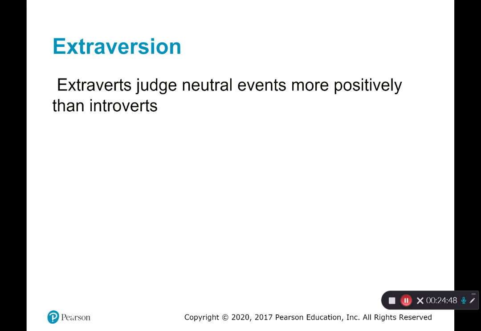And we see the exact same thing. Extroverts will judge neutral events more positively than introverts. And in my research, I found those high in neuroticism judged neutral situations more negatively than did introverts or extroverts. In that study, and I'll probably mention it again when we get to neuroticism, they were given either positive, negative, or neutral feedback about themselves.